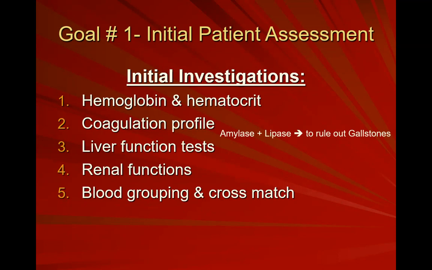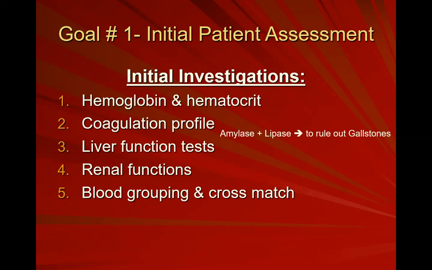In addition, liver function tests might give you a clue about portal hypertension or cirrhosis. Amylase and lipase can be done to rule out pancreatitis, which would be caused by gallstones. Okay, and so on. Renal functions.